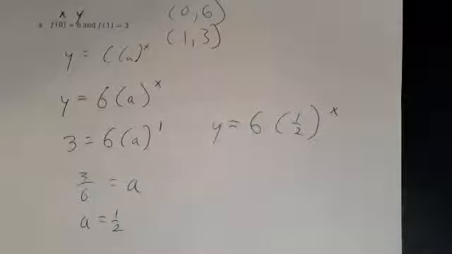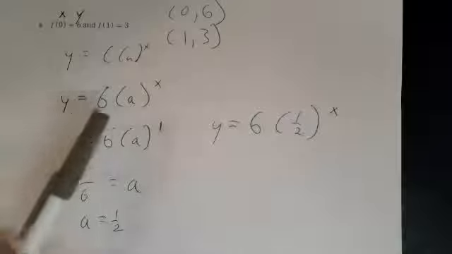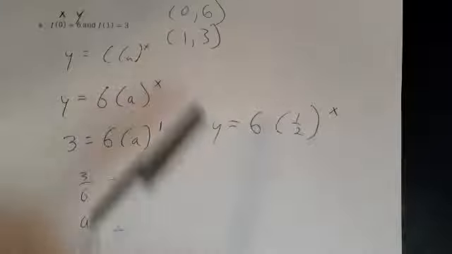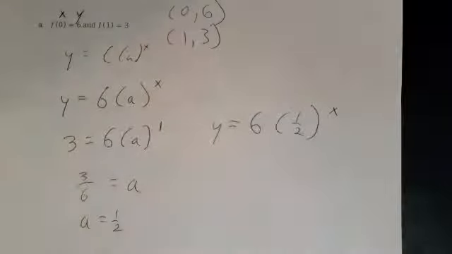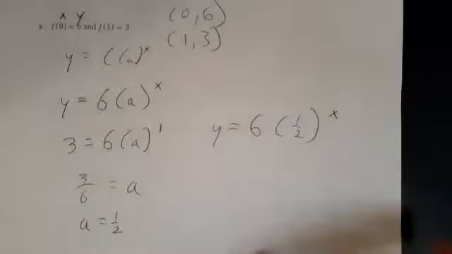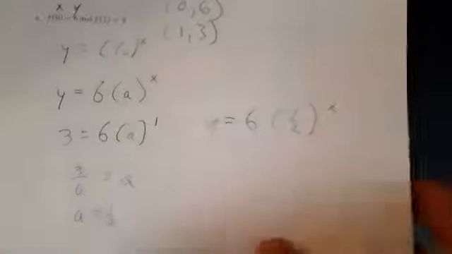So basically, if they give you a 0, you've got your C already. And if you need to find anything else, we've got to start plugging in other numbers. Now, they're going to give us this.